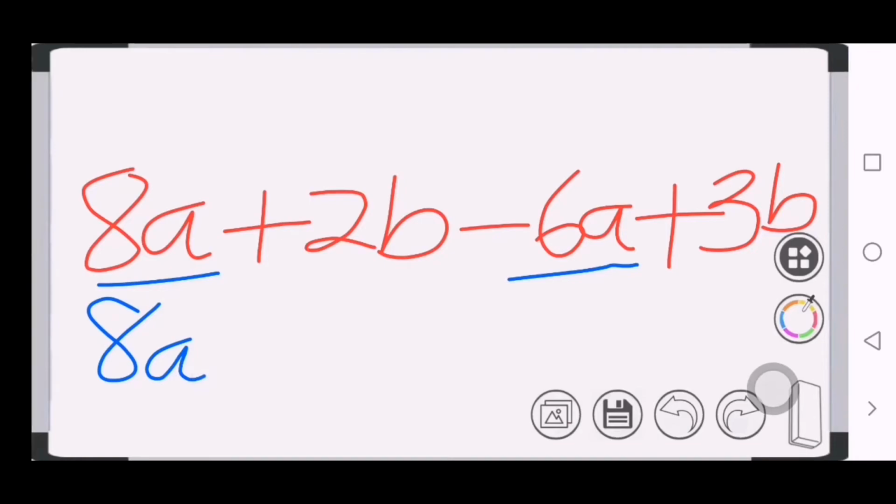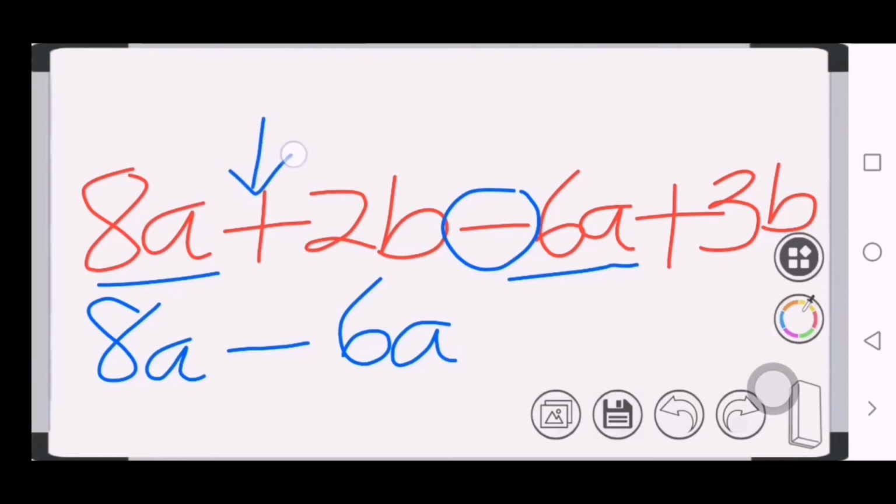What is the sign in front of the 6a we are going to bring? The sign is a minus, so we must bring the minus here. 6a. Mind you, do not write this plus here because you are going to get it wrong. The plus is just for 2b. It is not for 6a. Therefore, do not include that plus sign.